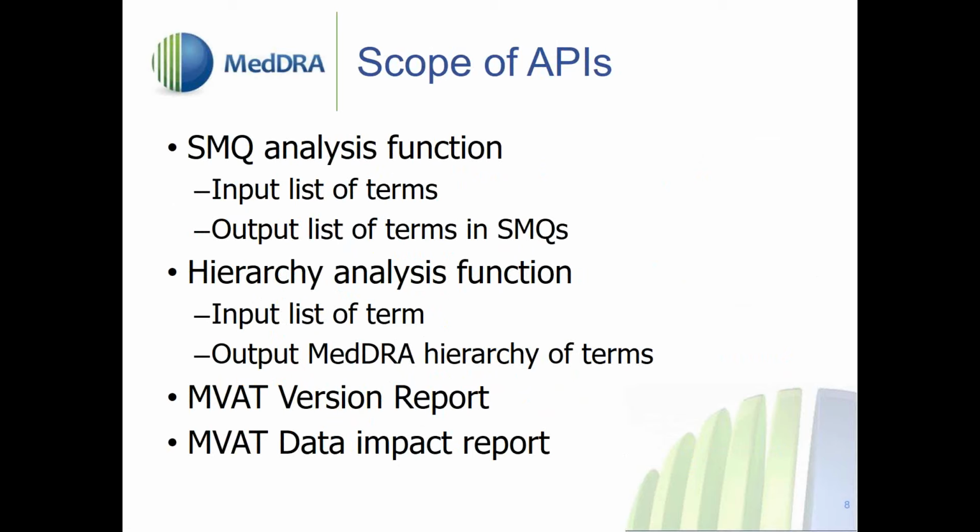So that's new terms, changes to existing terms such as promotions, demotions, the movement of LLTs, currency changes to LLTs, etc. And then similarly, the data impact report, where you provide a set of MedDRA terms, select two versions of MedDRA, and you're provided a set of sub-reports on the changes to those terms. So for all of the features and functions of our tools, there are APIs to perform those functions.